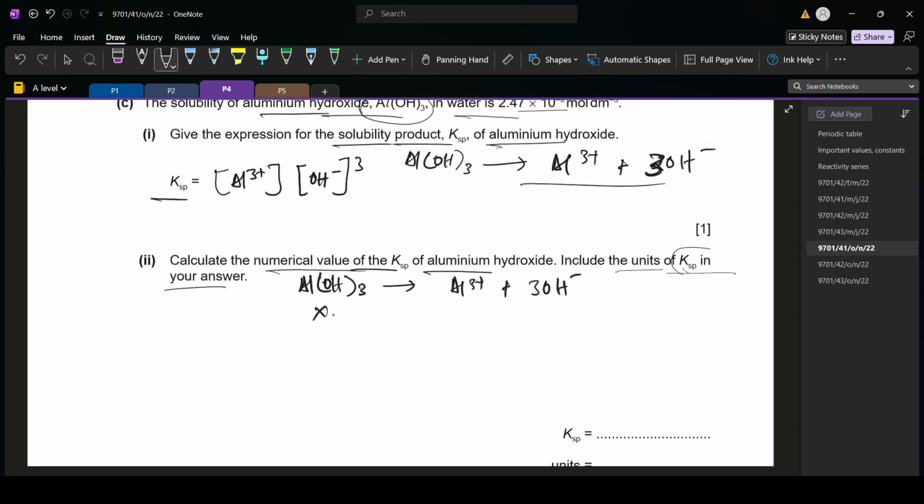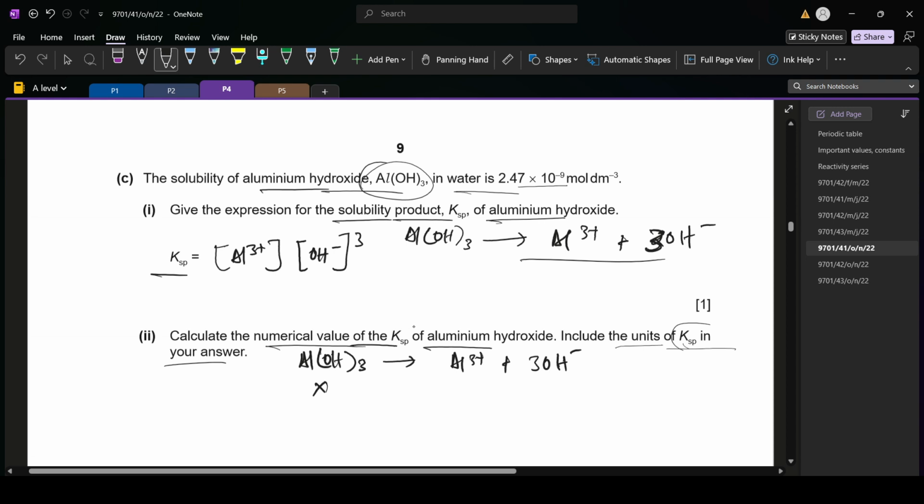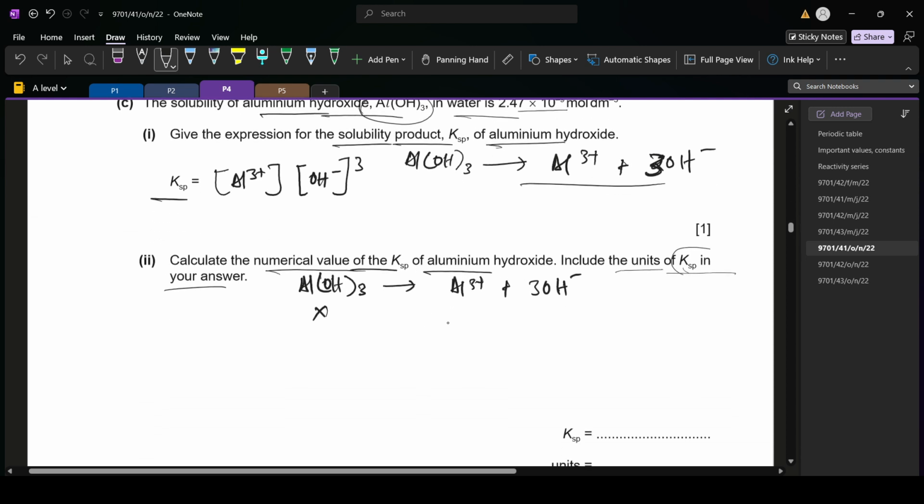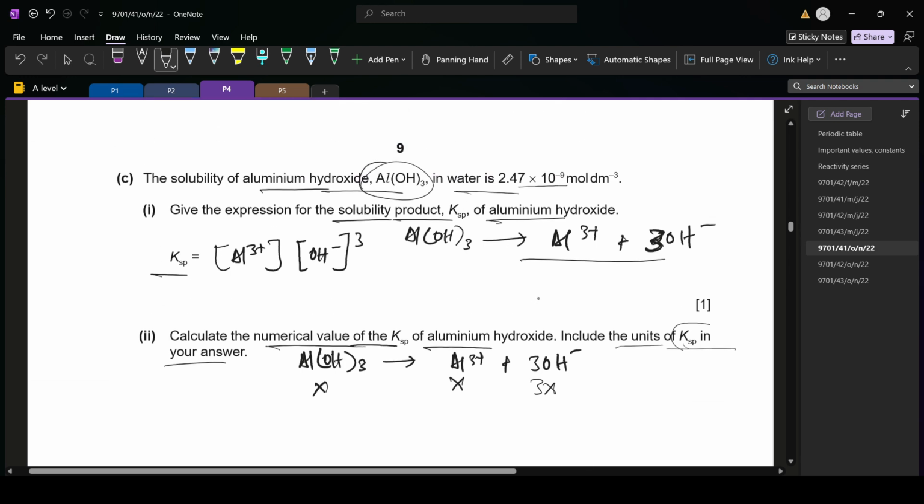So let's say if x concentration of aluminum hydroxide is dissolved, x moles of aluminum 3+ ions will form, and 3x moles of OH- ions will form.